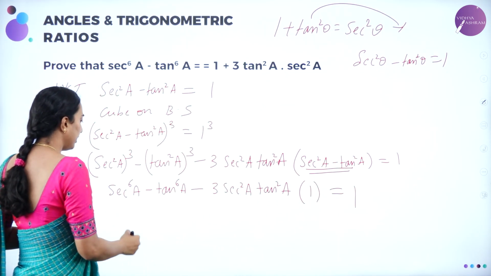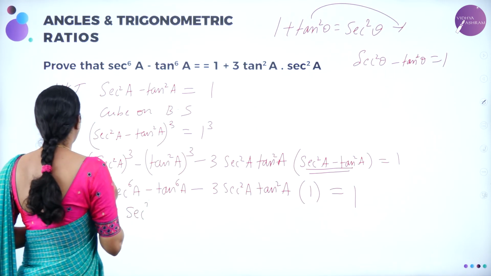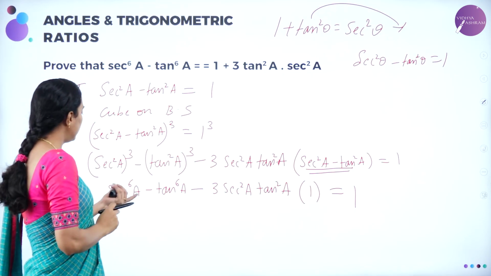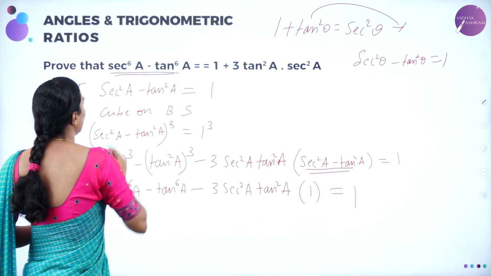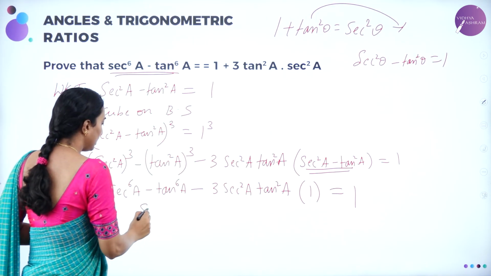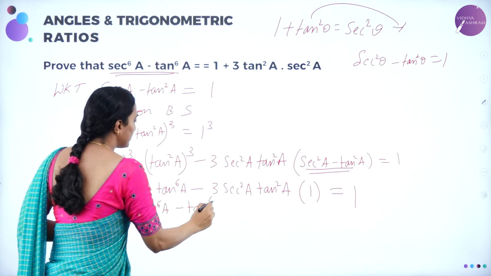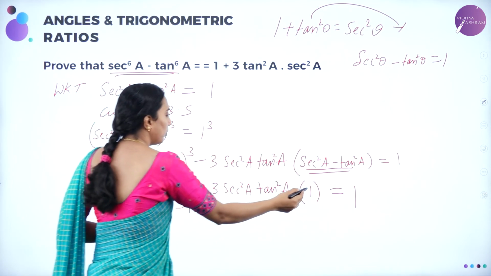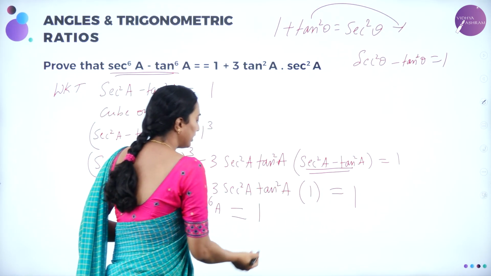Correct? Right hand side. Now keeping in the left hand side secant to the power of 6A minus tan to the power of 6A, because you are having the left hand side the same, and remaining all the terms shifting to the right hand side. What will it become? Secant to the power of 6A minus tan to the power of 6A is equal to 1, already 1 is there in the right hand side, writing as it is.